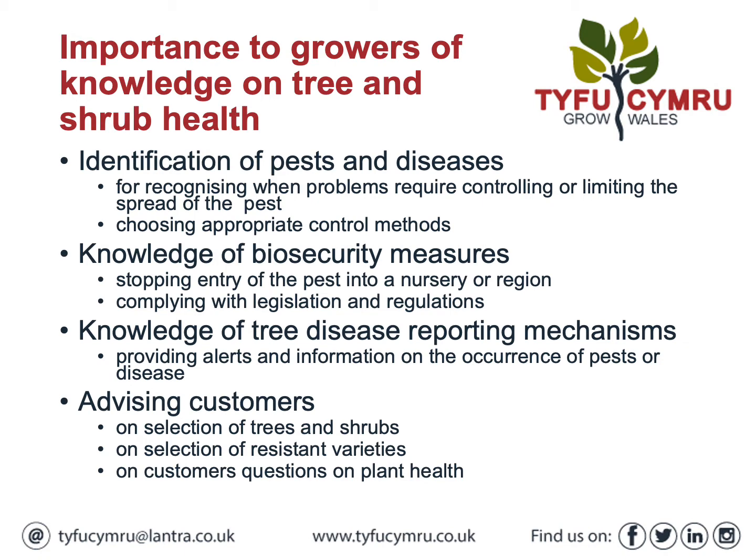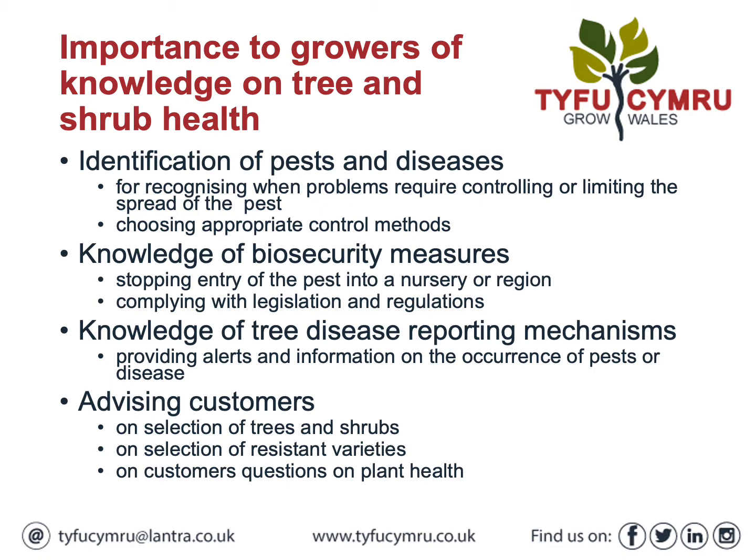So, the knowledge of tree and shrub health is very important to growers, and themes within that are firstly the identification of pests and diseases. Now that's important to you to recognise when problems require controlling or when you need to limit the spread of the pest, and for when you need to choose appropriate control methods.